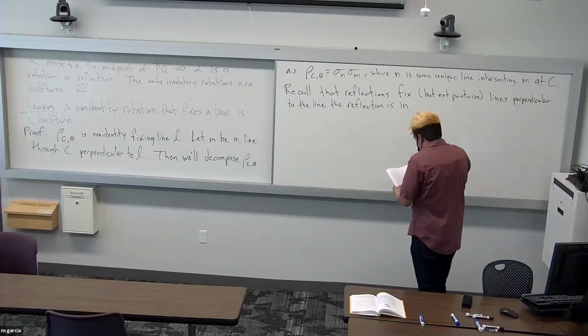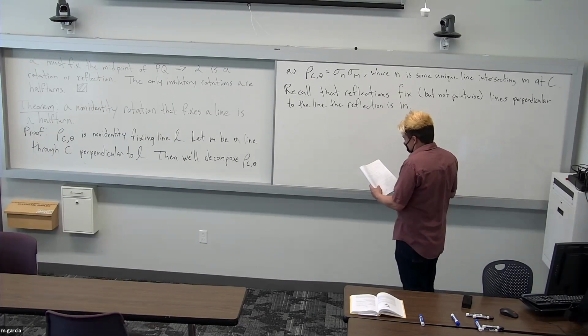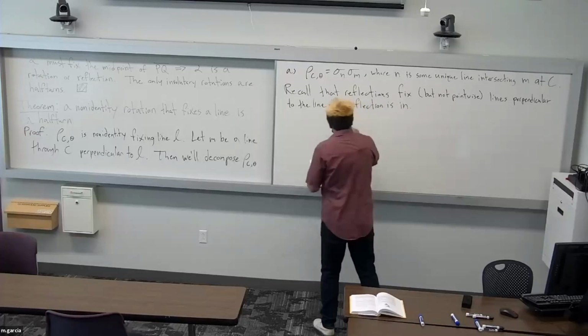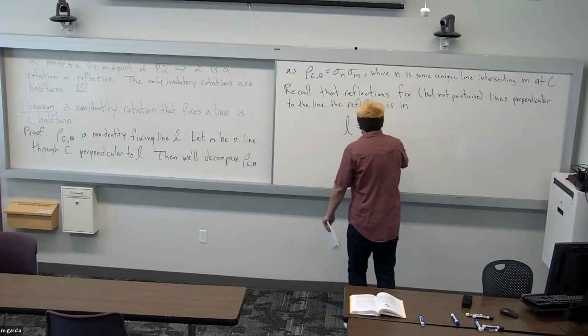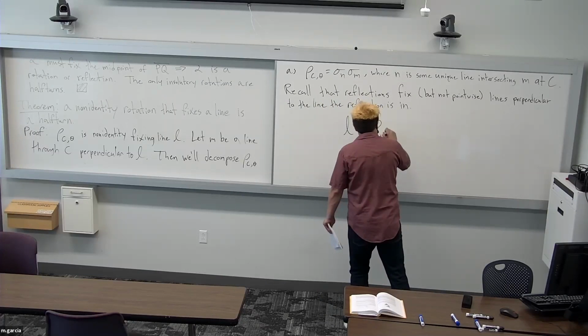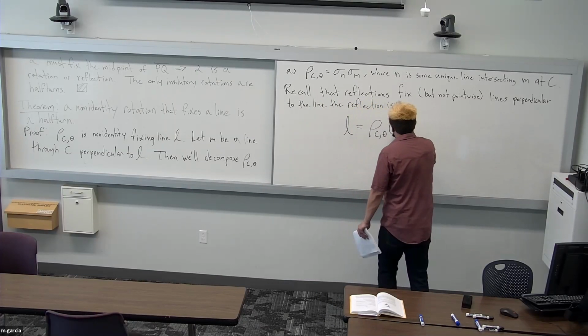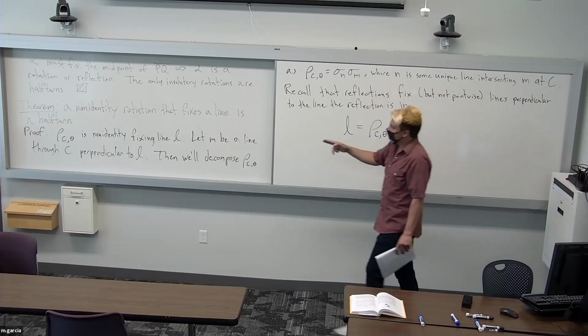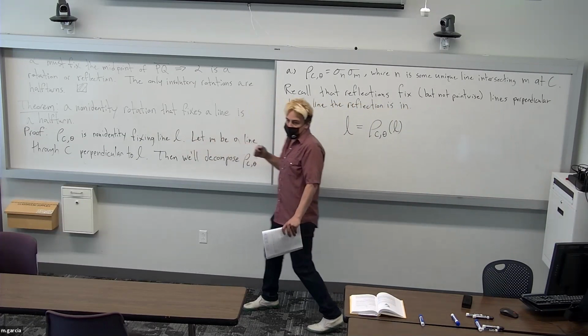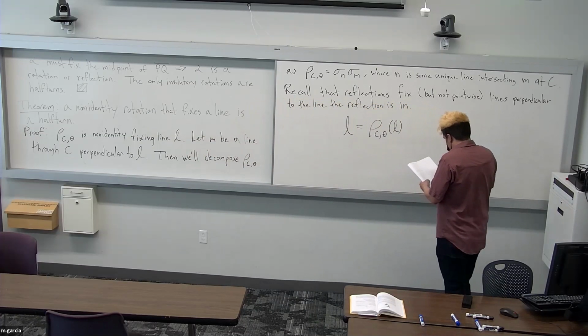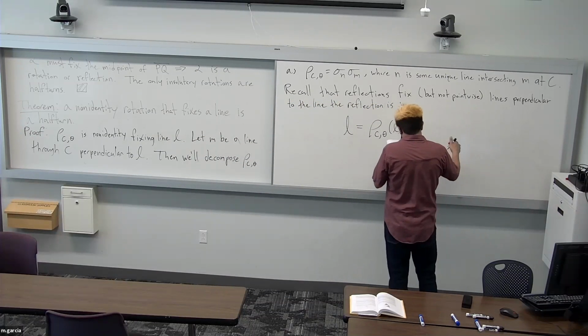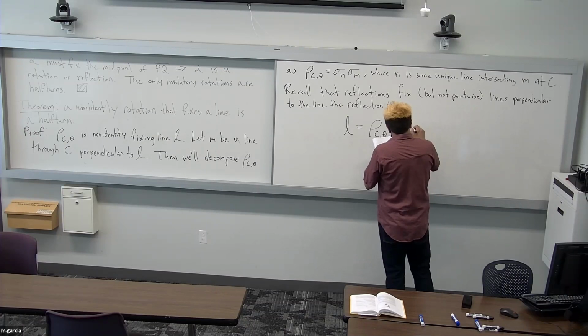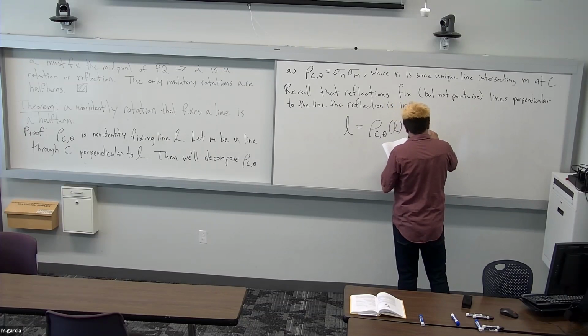Okay, so now let's make a string of computations. L, by our assumption, is fixed by this rotation. That was our first line. We assume that rho fixes L. So now we've expressed this rotation as the product of two reflections.